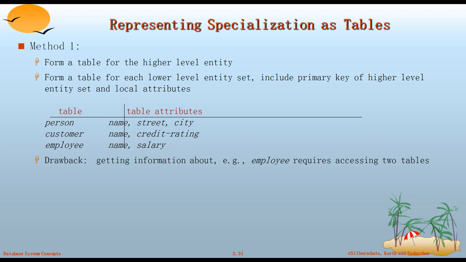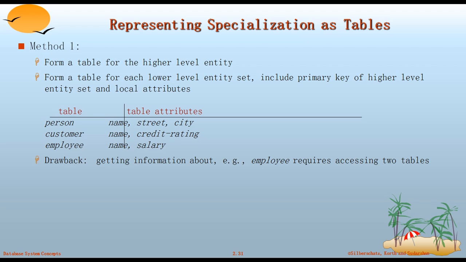So representing specialization as tables can be considered as two methods. Method 1: form a table for the higher level entity, and form a table for each lower level entity including the primary key of the higher level entity and local attributes. For example, here person is a higher level entity.